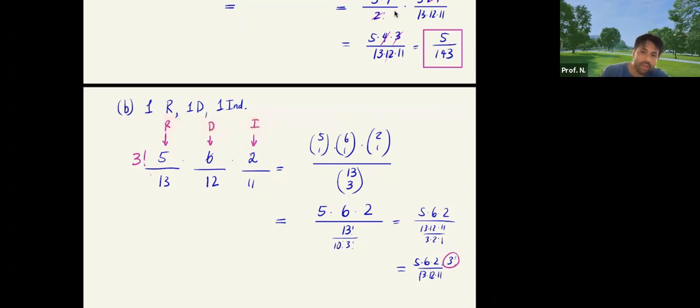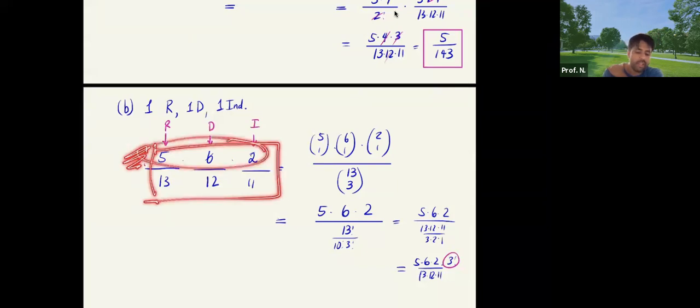Because that's exactly what I'm doing here. The moment I do 13 times 12 times 11, I'm treating it as every permutation, every ordering of a Republican, Democrat, independent, every one of those counts. But up here, I'm only suggesting that Republican, Democrat, independent should be the order. But I care about the order. So this statement here is not complete.